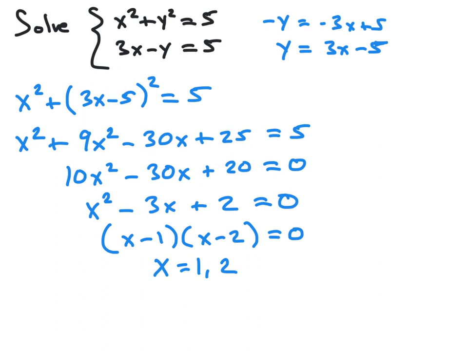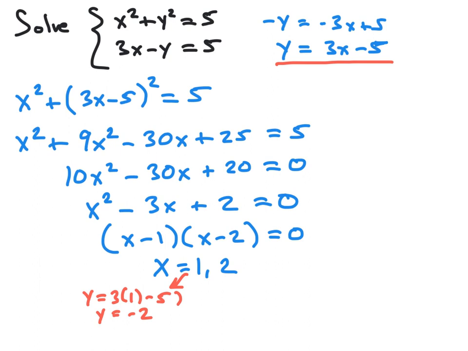We now take each of these values of x and substitute them into the equation for y, which was y equals 3x minus 5. And so when x is equal to 1, we get y equals 3 times 1 minus 5, which is y equal negative 2.